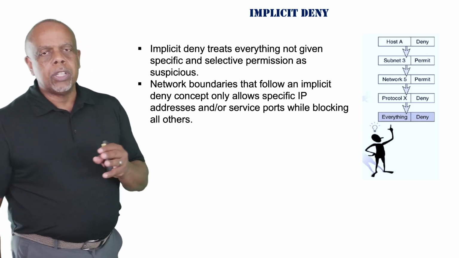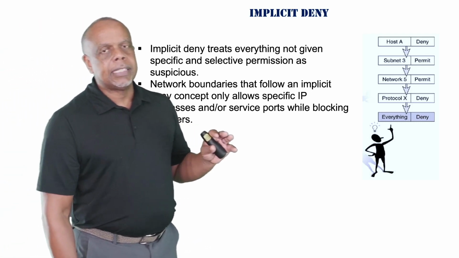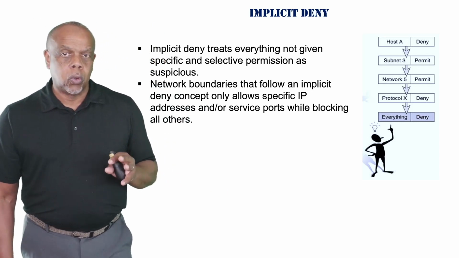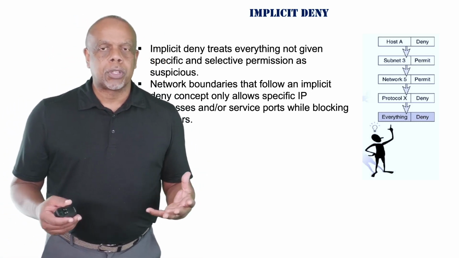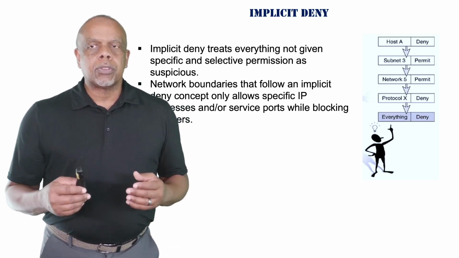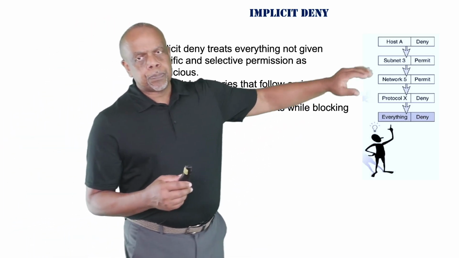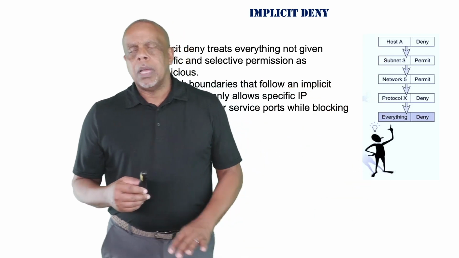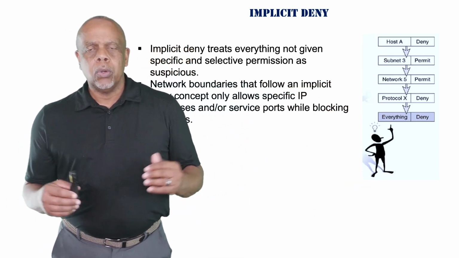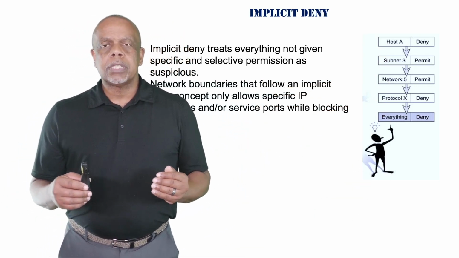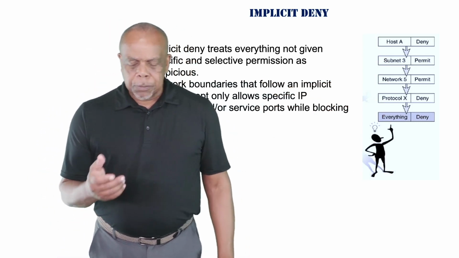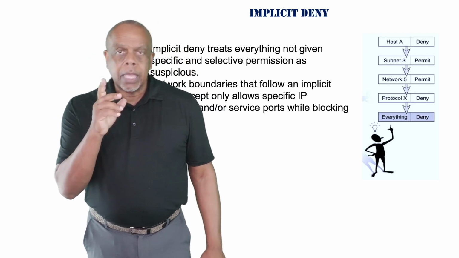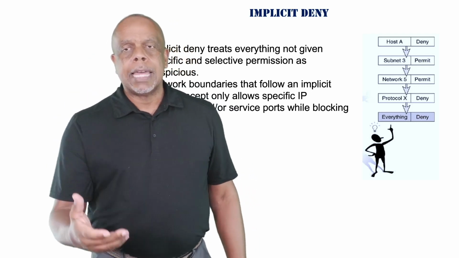Where you're going to see this many times is in ACLs, access control lists, especially on our network infrastructure devices, or layer 2, layer 3 devices, where we are setting up access lists, who can come in, who can't. We want to say nobody can come in unless you are implicitly allowed to come in.